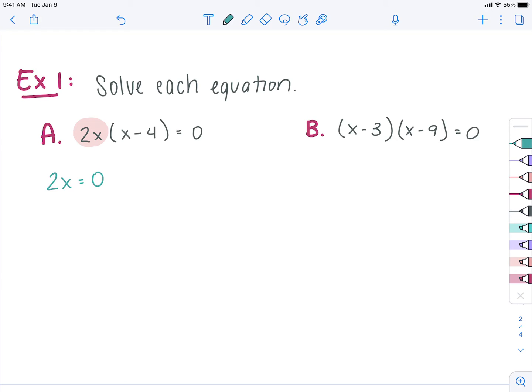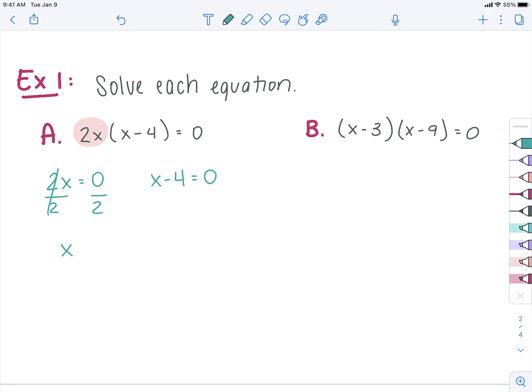And I'm also going to take x minus 4 and set it equal to 0. And then I'm just going to solve each equation, which we're really good at doing, right? These are one-step equations for us to solve. So if I have 2x equals 0, and I want to get rid of the 2, I'm just going to divide by 2 on both sides.